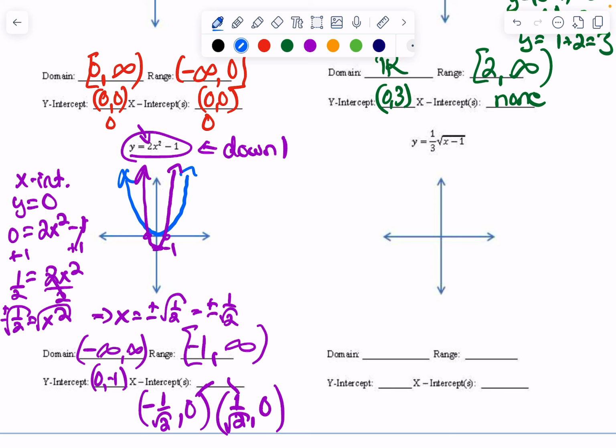Okay, next one here is a square root. So our parent function looks something like this. Our transformed function is 1/3 square root of x minus 1.